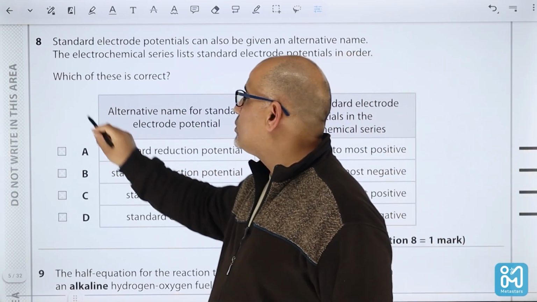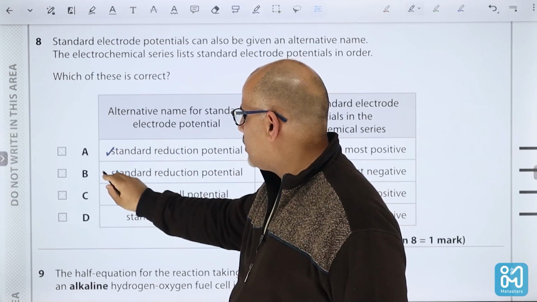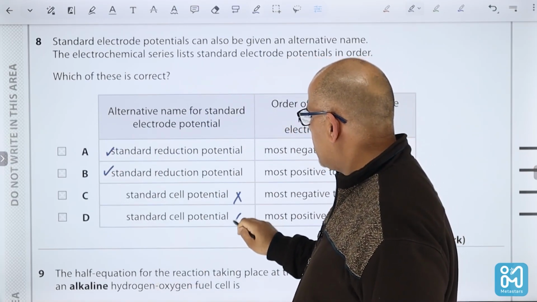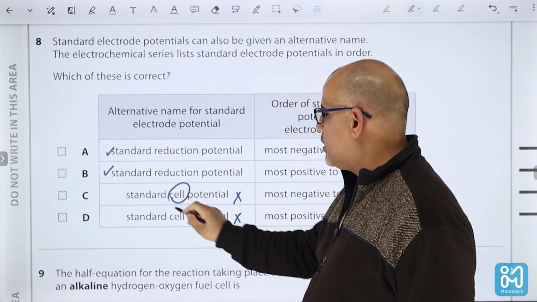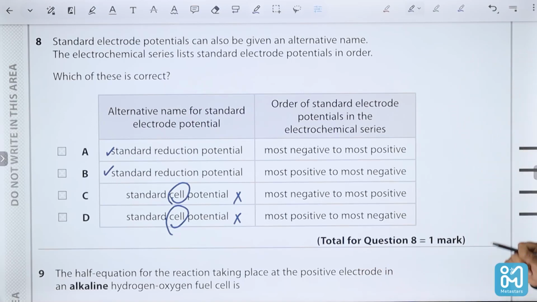So these two terms are correct, the first one and the second in A and B, but it is not considered as cell potential because the E node cell is what is called E cell potential. So C and D were cancelled. What is left, A or B?